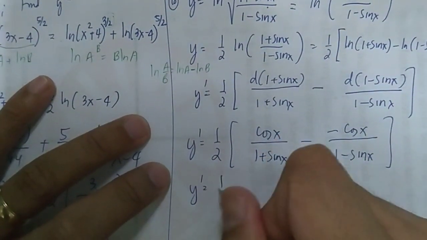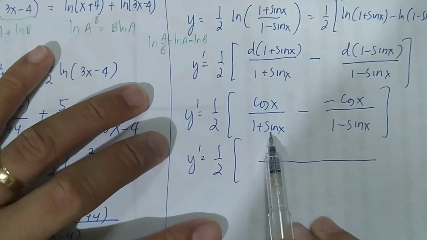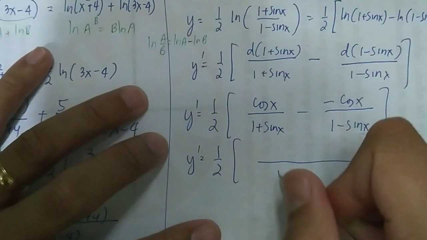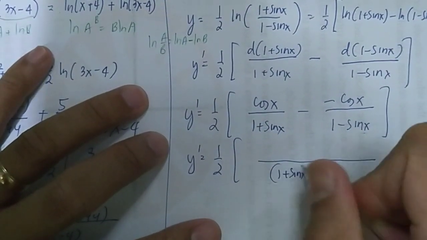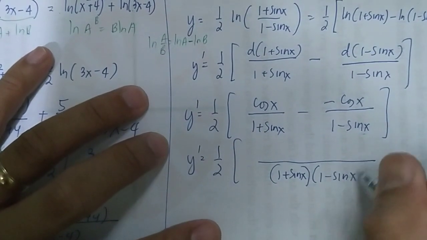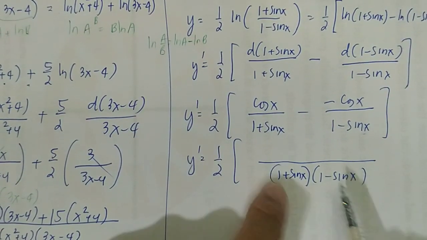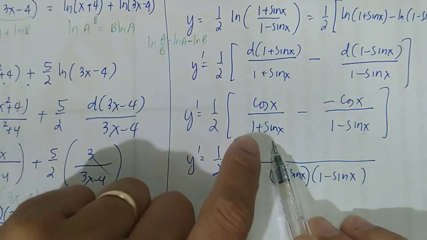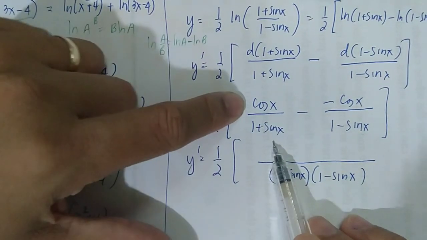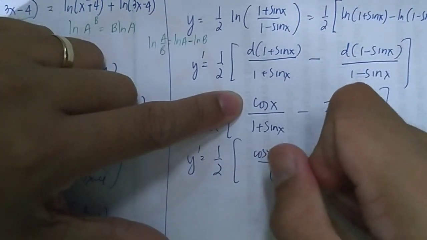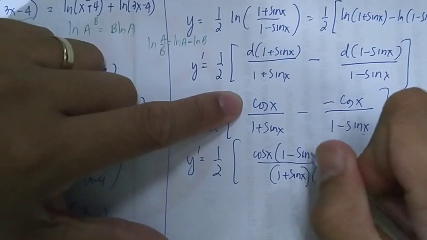So your y prime here is therefore equal to the LCD, which is 1 plus sine x times 1 minus sine x. This LCD divided by 1 plus sine x is 1 minus sine x, times cosine x. So that gives you cosine of x times 1 minus sine x.